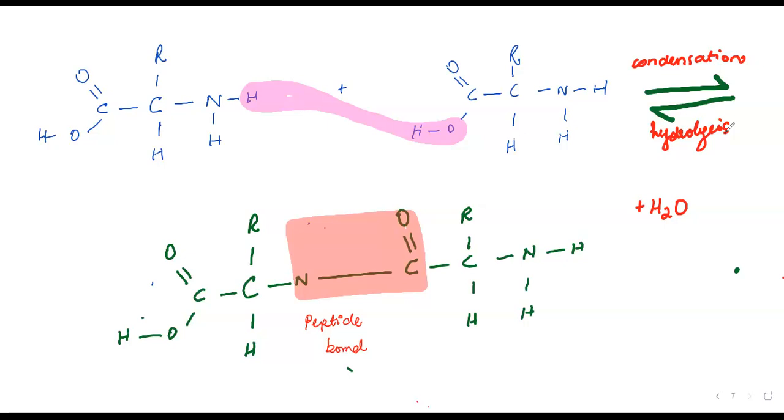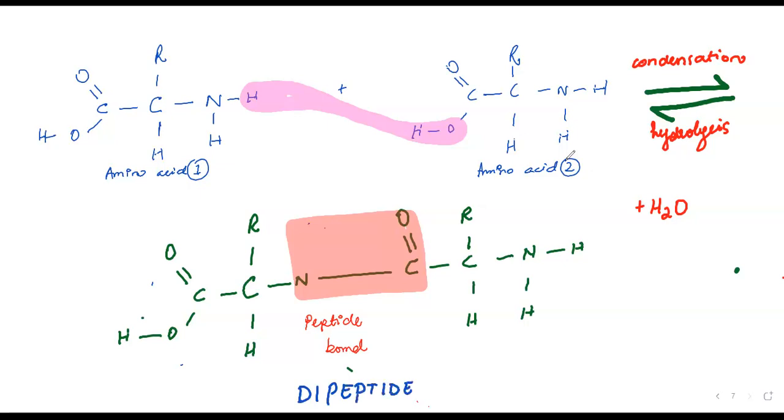Okay. So this is my amino acid number 1, and this is my amino acid 2. Over here, the two amino acids have joined together. When two amino acids join together, the structure that is formed is known as a dipeptide. Why do we call it a dipeptide?